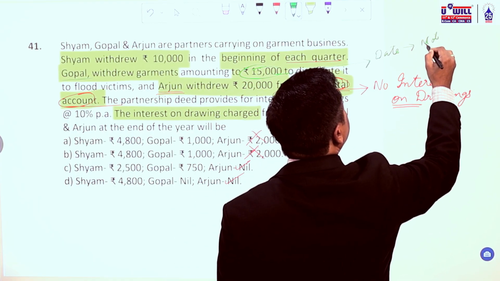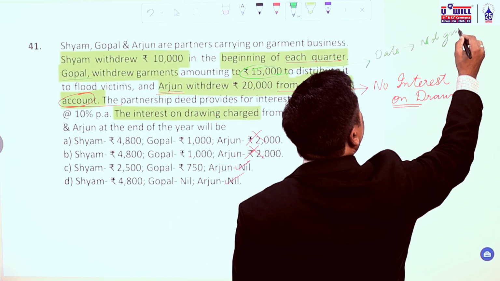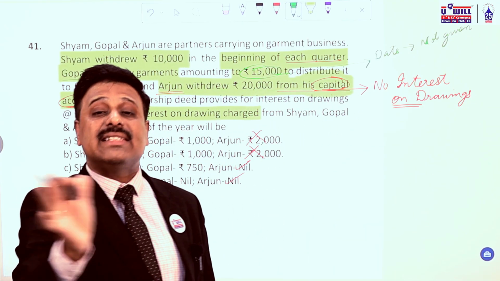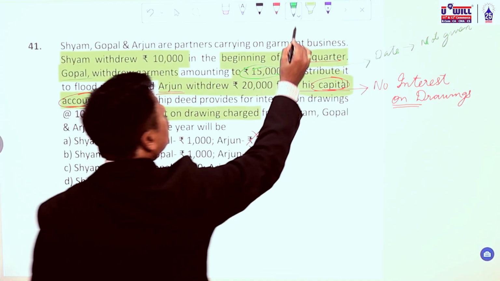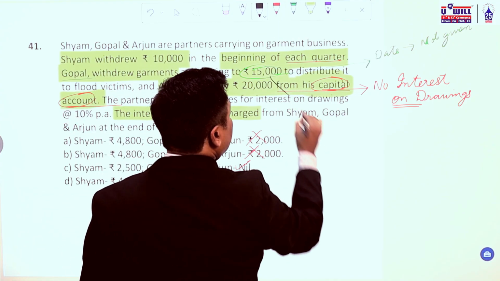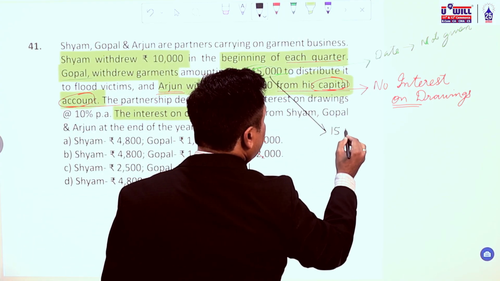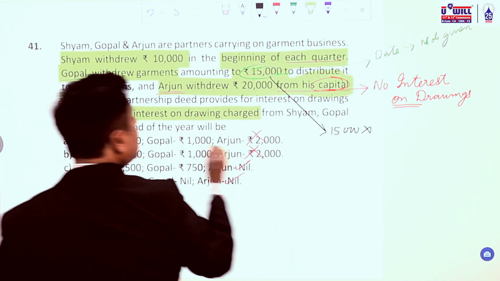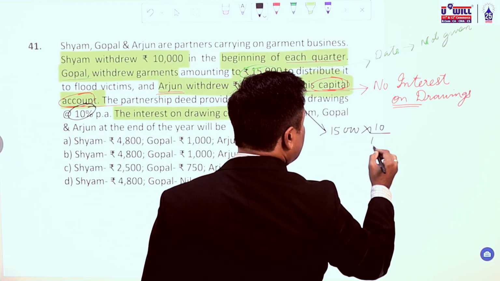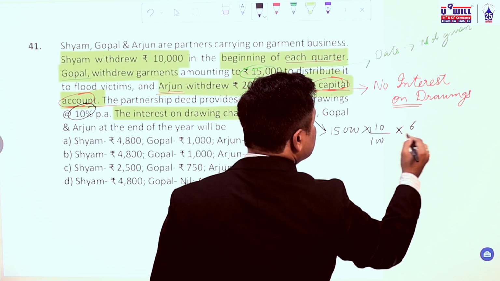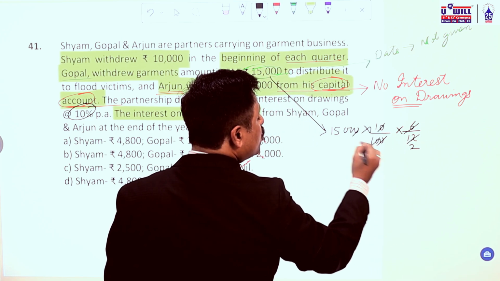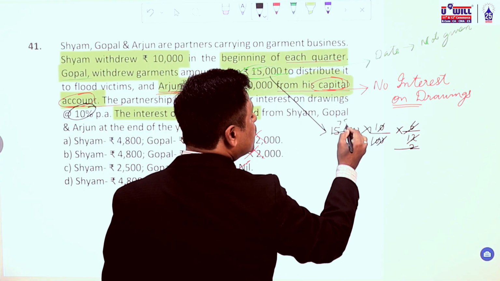Since the date is not given, how do you calculate the interest on drawings? Average 6 months. So this also we can count very speedily. 15,000 multiplied by the rate of interest, 10%, 10 upon 100, multiplied by 6 by 12. 6 into 2 is 12, the zeros cancel. 2 into 750 is 1500.